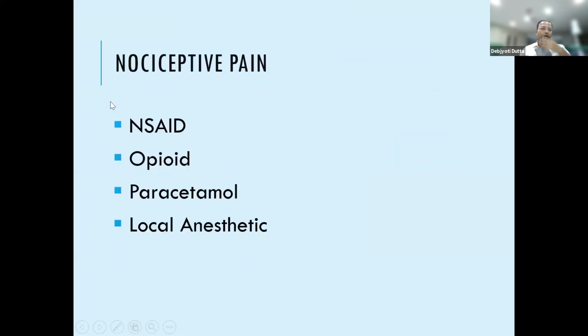So if it is a nociceptive pain, then we can target the transduction part with NSAIDs. If we want to target the transmission part, then mainly opioids act there. We can attack with local anesthetic also. In the transmission part, I am saying we can attack this nociceptive pain in the spinothalamic pathway.